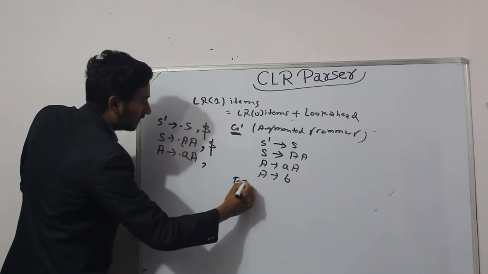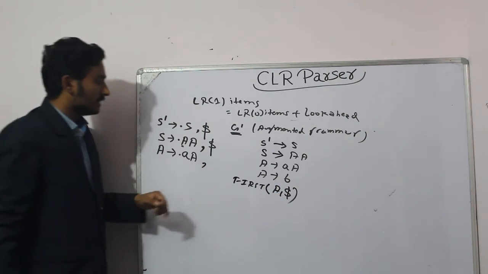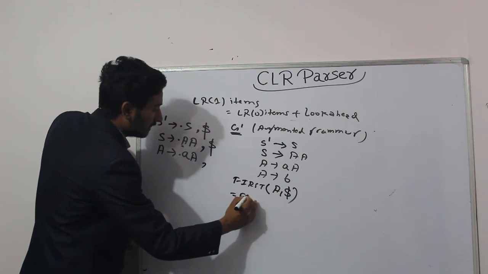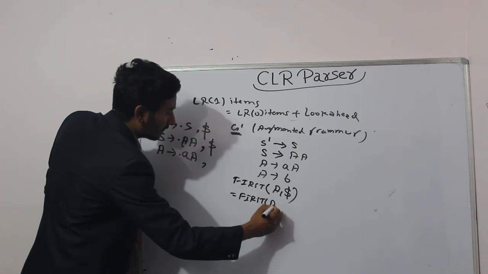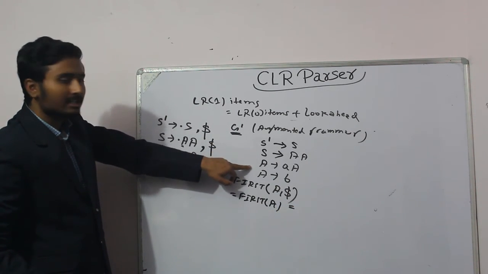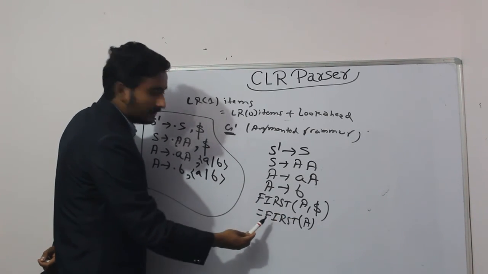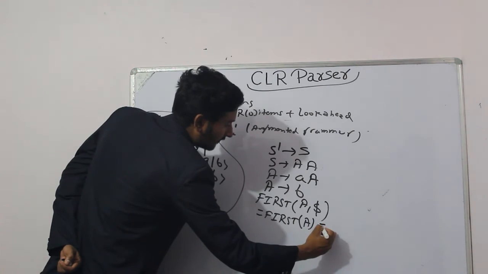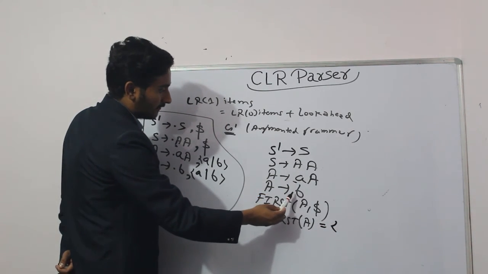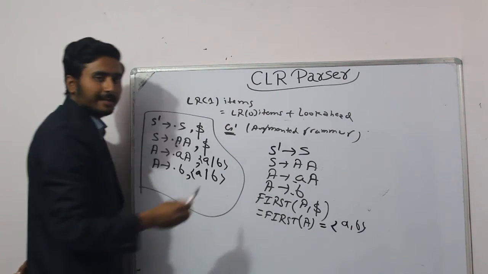So the first of A dollar equals the first of A. From the given production we can find that first of A is a and also b, so a comma b.